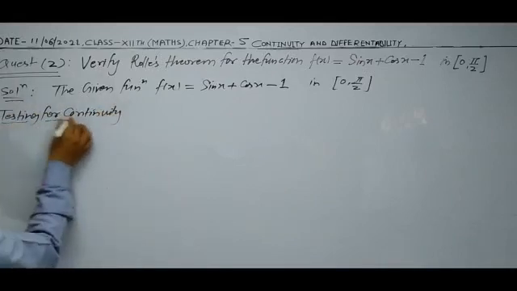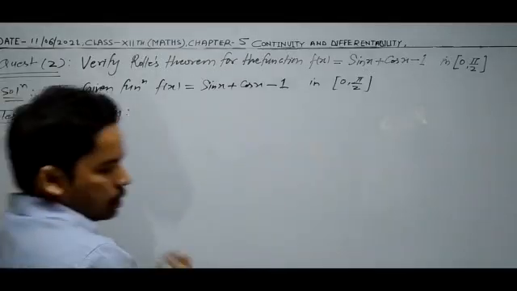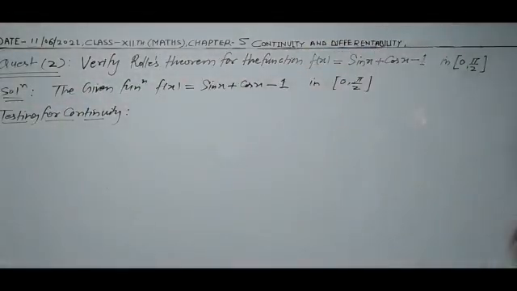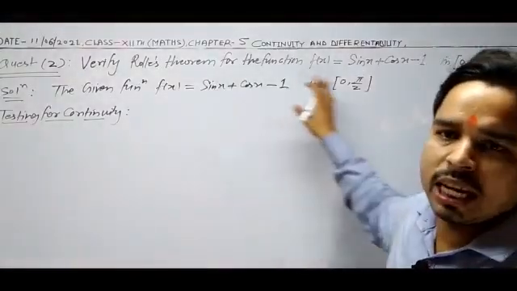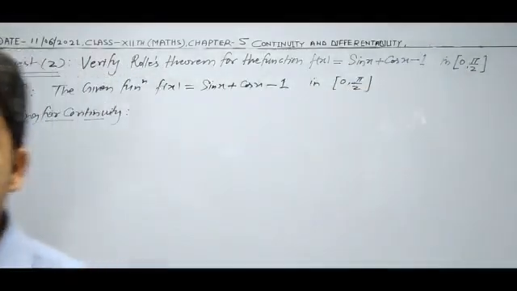Testing for continuity. You know sin x and cos x are trigonometric functions, and sin x is continuous for all x belonging to real, and cos x is also continuous for all x belonging to real.